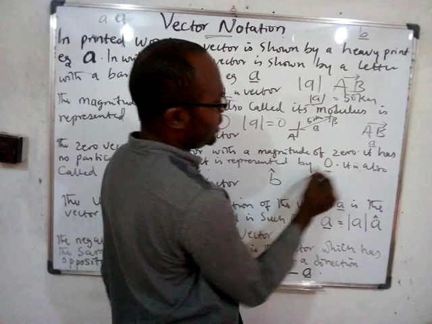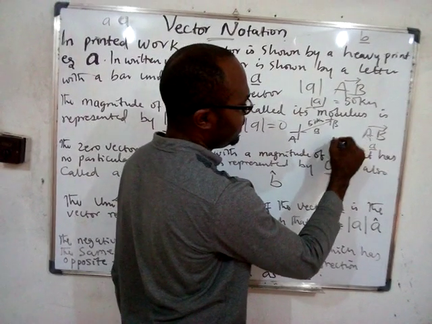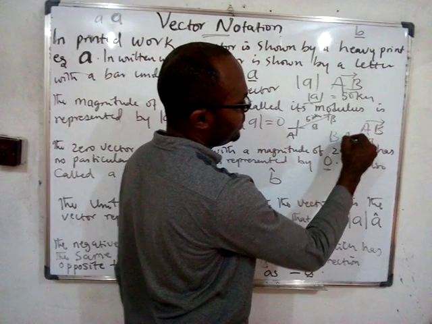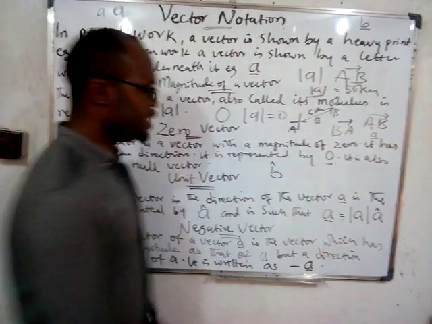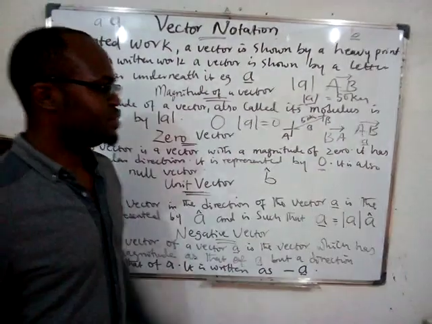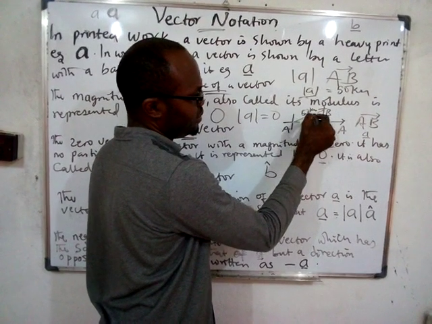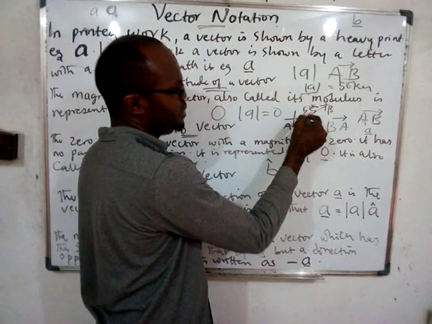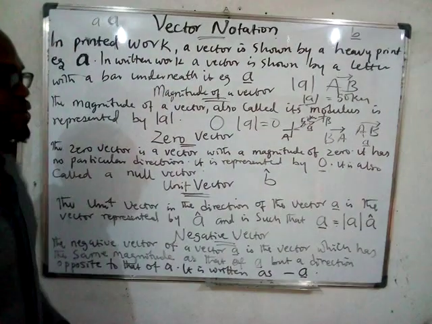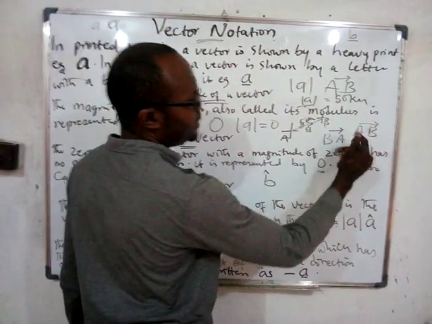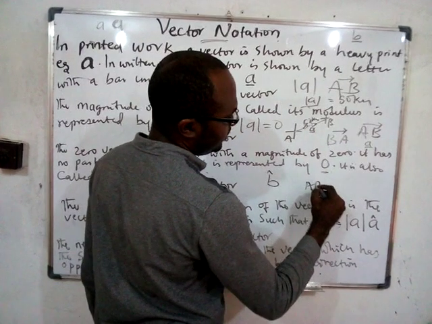So like this vector now, the opposite of this will be BA. This is the negative vector of AB. So this is how you represent it. Instead of the vector going like this, it's going to come this other way. This is AB.